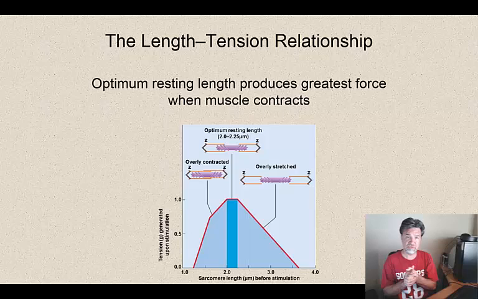And so in this particular chart, we're seeing a variable that's called the optimal resting length, and we want that to be very specific. It is the optimal length that will give us the maximum amount of contraction. If it isn't optimal, then we're not going to get the most out of our muscles.